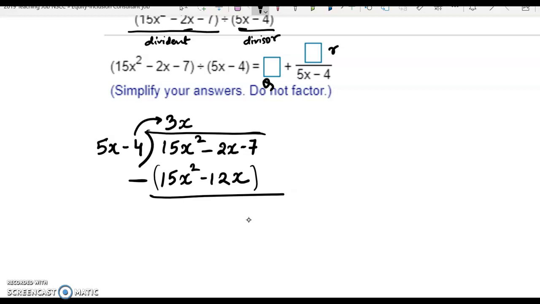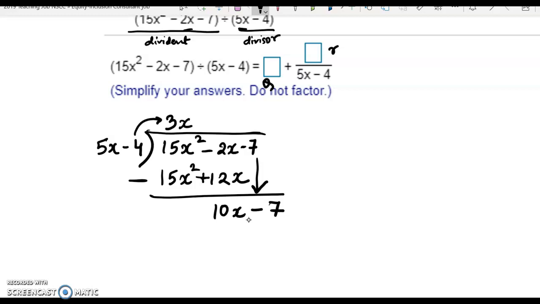So when I try to remove the bracket, this is minus 15x squared and this is plus 12x. 12x minus 2x gives you 10x. Okay, so 10x is my remainder so far, and I will say, Mr. minus 7, you come down here. So minus 7 comes down as it is. I hope this one is okay so far.